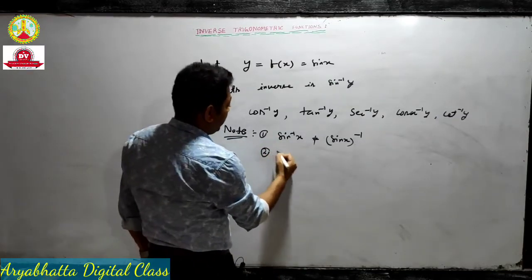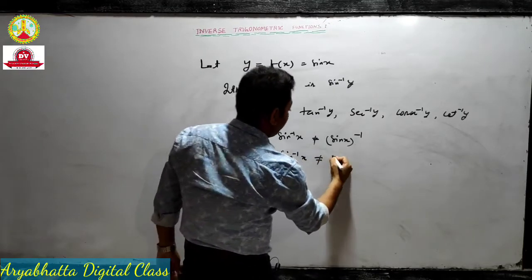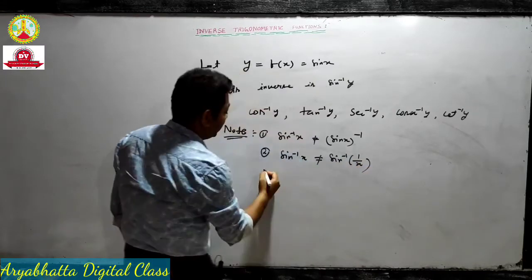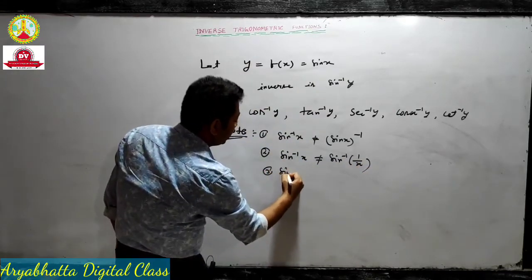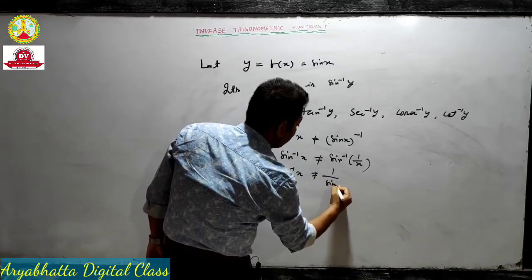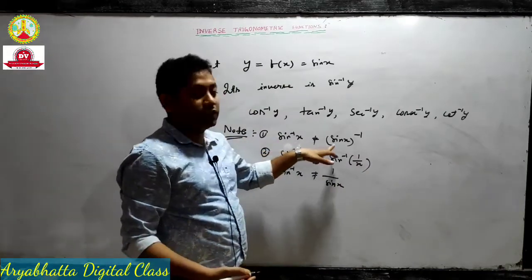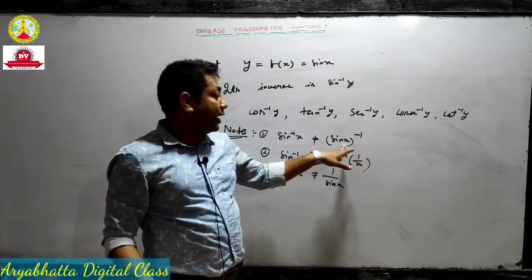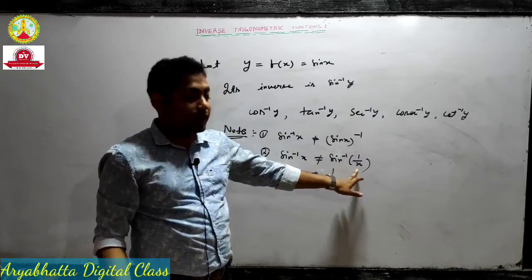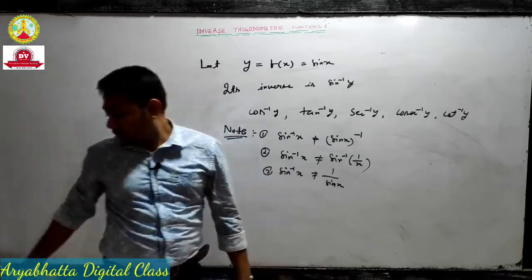Number 2, sin inverse x is not equal to sin inverse 1 by x. Number 3, sin inverse x is not equal to 1 by sin x. Most important, sin inverse x is not equal to (sin x) to the power minus 1, not equal to sin inverse 1 by x, and not equal to 1 by sin x.